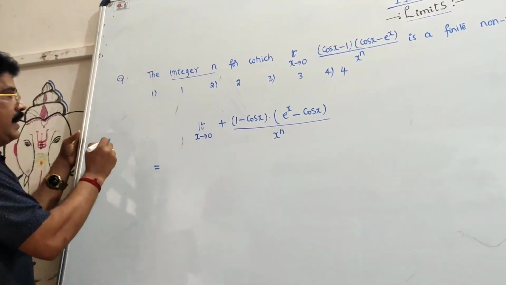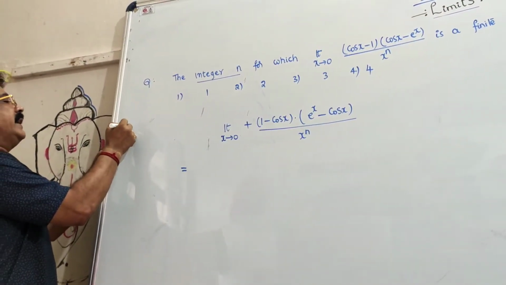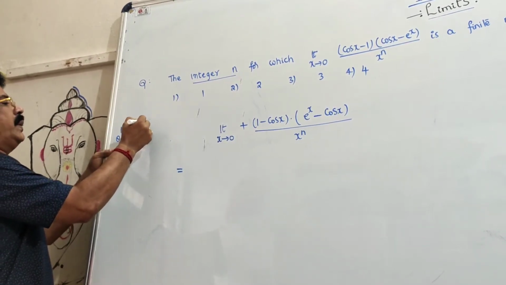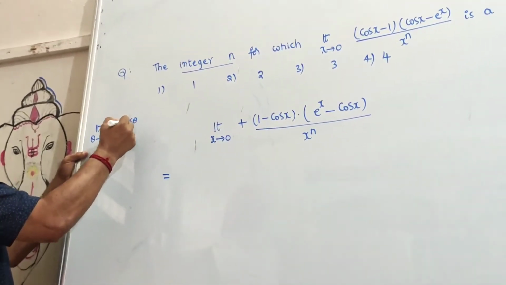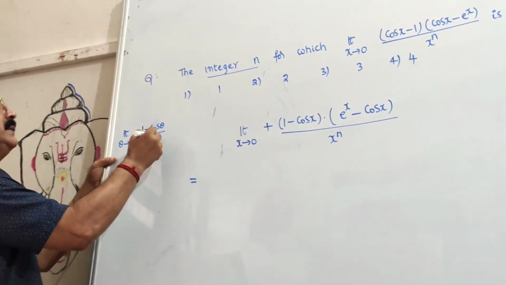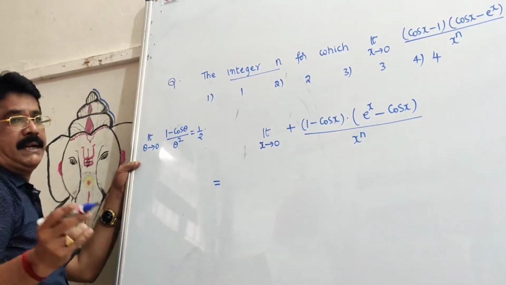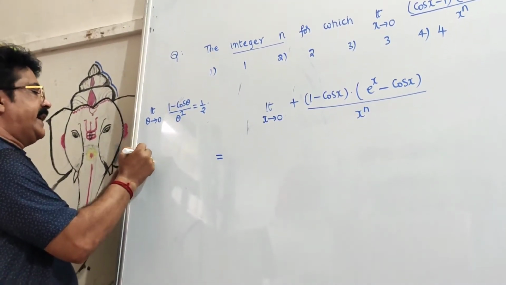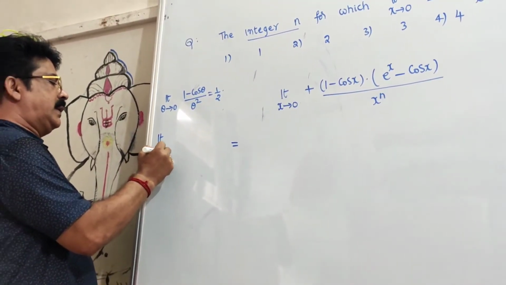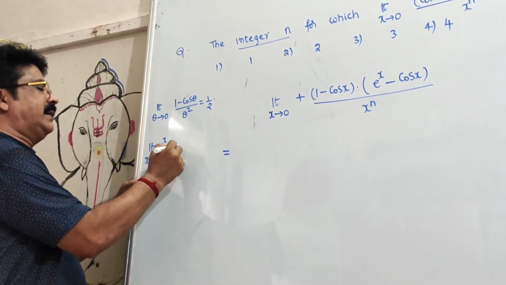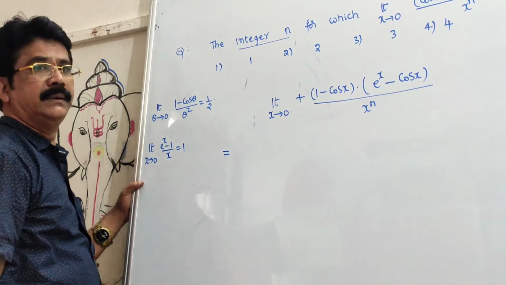First, I already introduced a tremendous formula: limit theta tends to 0, (1 minus cos theta) divided by theta square is equal to 1 by 2. Another formula is there: limit x tends to 0, (e^x minus 1) divided by x equal to 1. Like that.